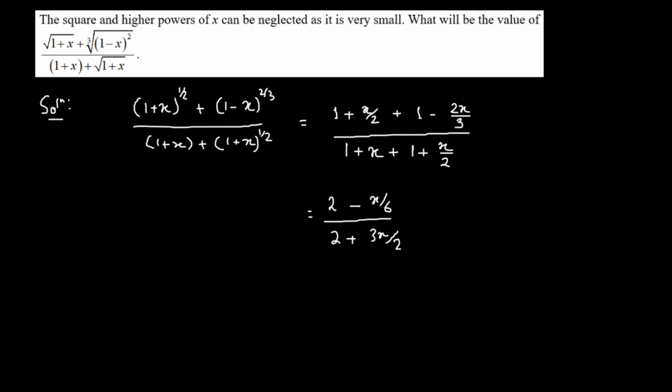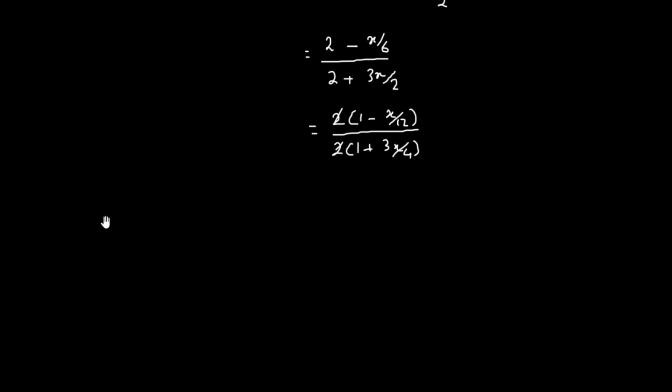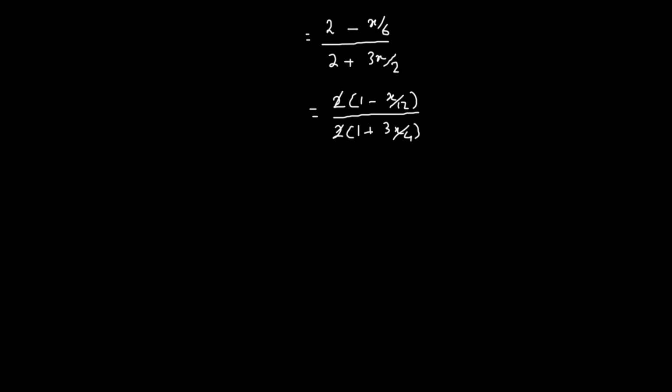Now we factor out 2 from both the numerator and the denominator, so that gives us 2 times 1 minus x over 12 divided by 2 times 1 plus thrice x over 4. So the 2 and 2 can be canceled, and we are left with 1 minus x over 12 in the numerator divided by 1 plus thrice x over 4 in the denominator, which could be taken up into the numerator, and that would give us 1 plus thrice x over 4 raised to the power of negative 1.